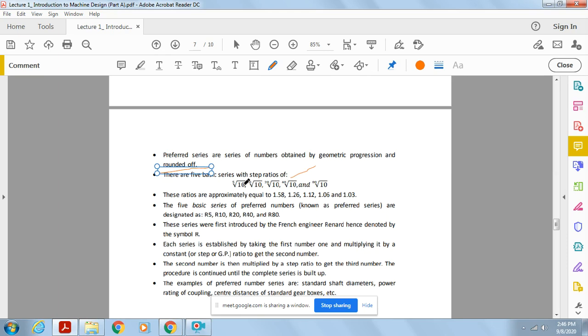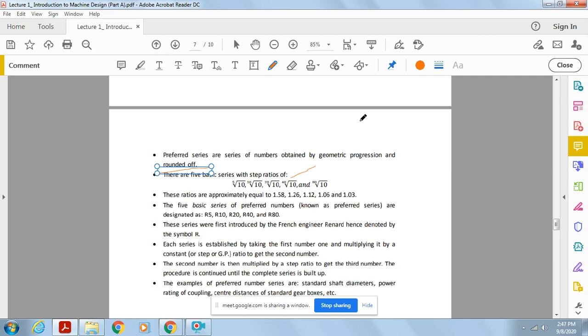What is that? Here you see 10 to the power 1 by 5, 10 to the power 1 by 10, 10 to the power 1 by 20, like this: 5, 10, 20. Here the common division part is 2, 5, 10, 20, 40, 80. Okay, so here you see 10 to the power 1 by 5, 10 to the power 1 by 10. These are all called steppings. What is stepping? That you have to know.